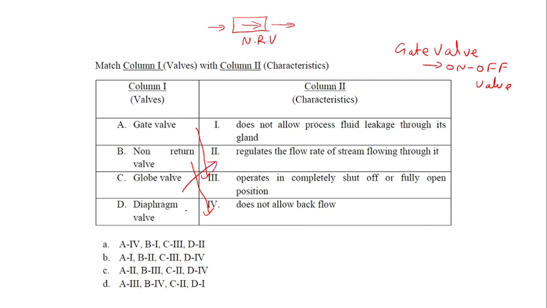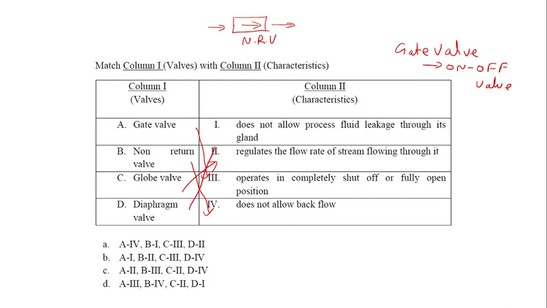Then diaphragm valve. A diaphragm valve does not allow leakage through its gland, but in the case of globe valve and gate valve, leakage is possible after usage for a longer time, whereas in a diaphragm valve, leakage is minimum.